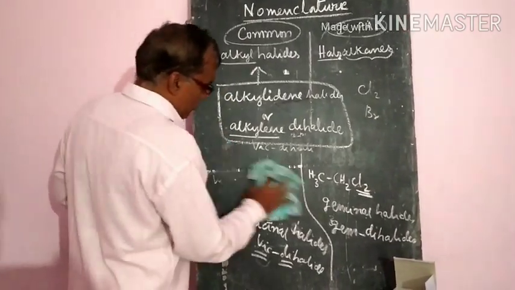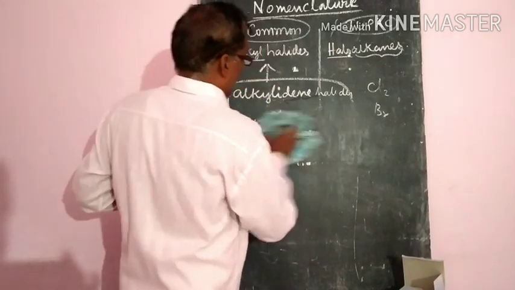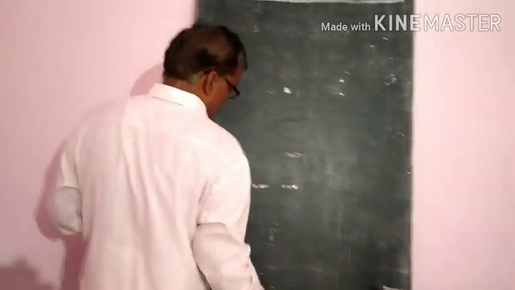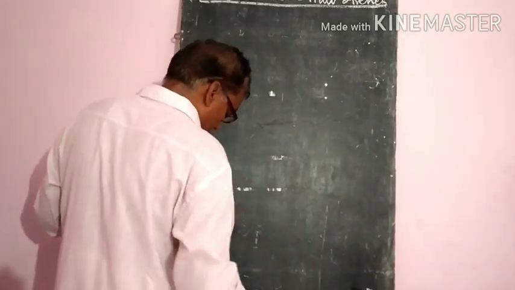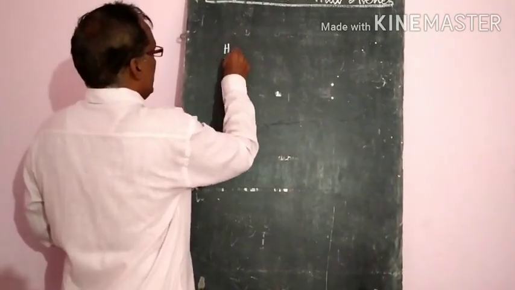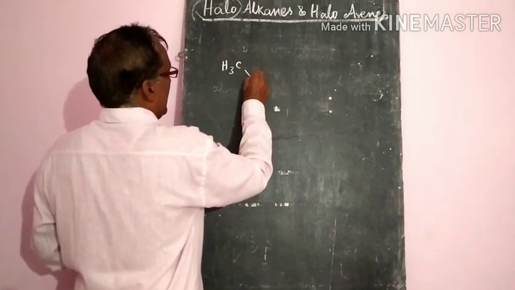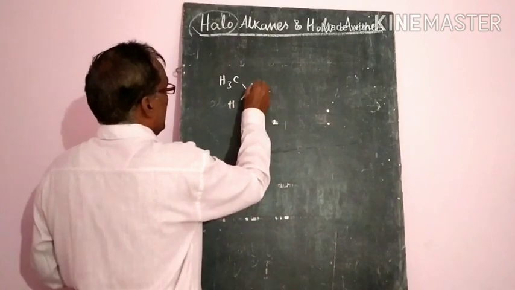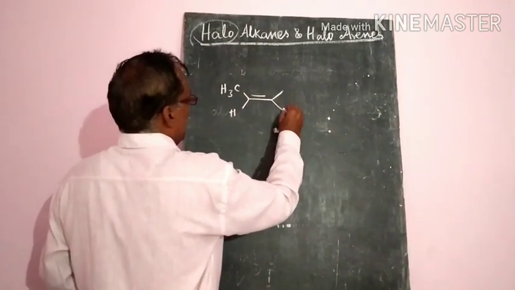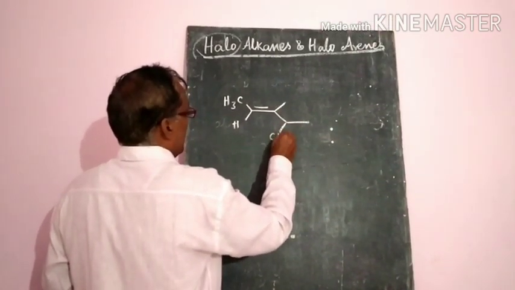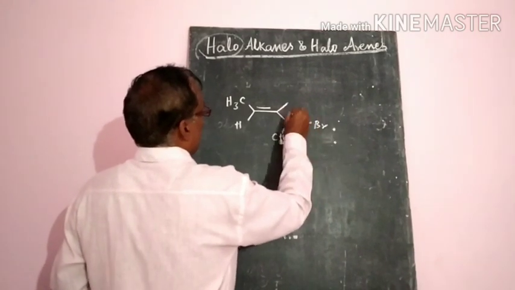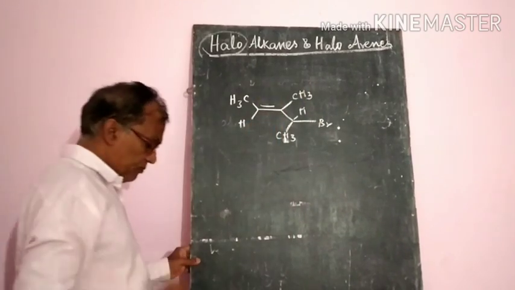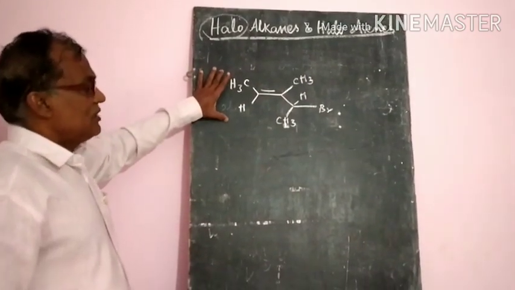Let us see one more representation of carbon compounds, that is the curved manner. One example, let us see how to give the names. CH3 here and one H here, double bond here. This is the structure they have given.